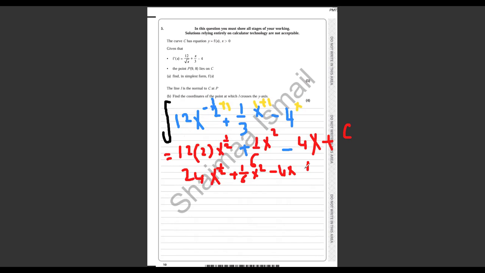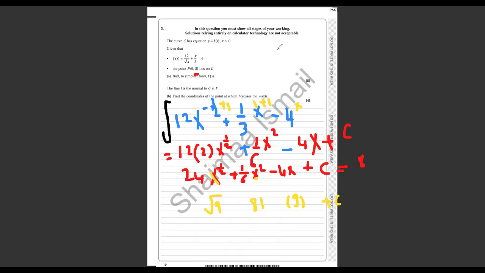And to get the value of c, we have to make it equal to 8 and put 9 instead of x. So here is 24, here it will be the root of 9 because half is a root, here it will be 9 squared, and here it will be multiplying by 9, and all this plus c.